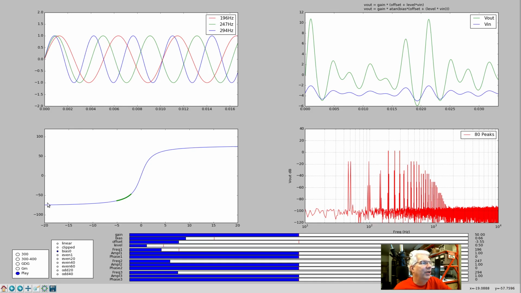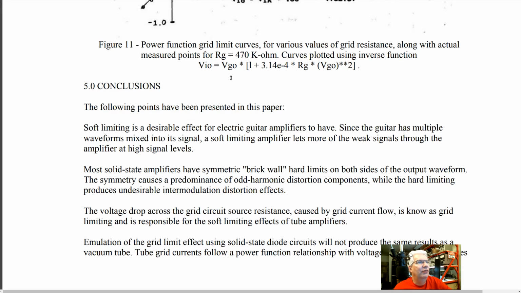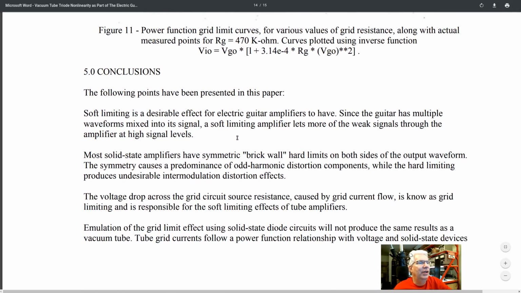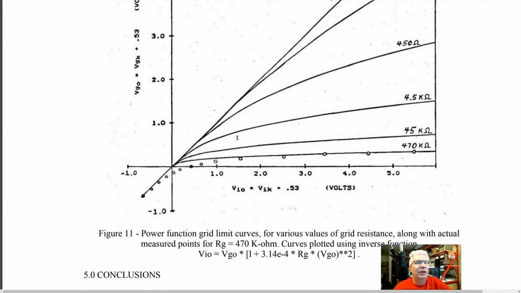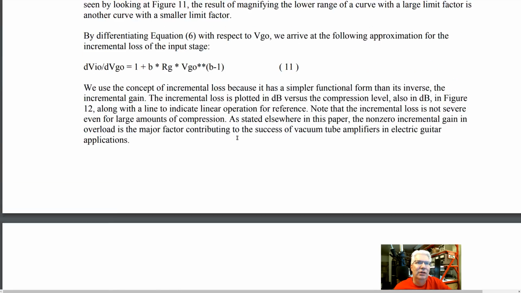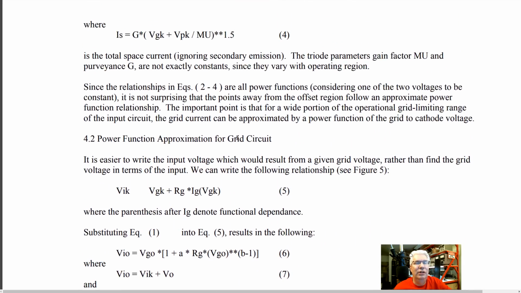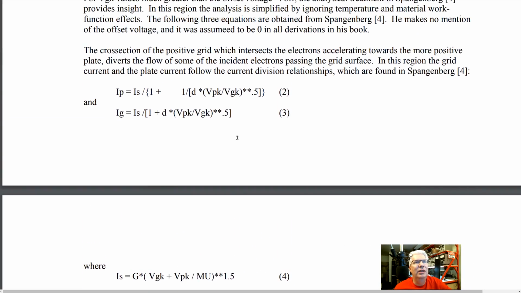I'm going to show you one more thing here. We're going to go back to our 300 and 400 waveform. And over here on the red paper, he goes through and he talks about why you get second harmonics with a tube amplifier and not the third, and primarily the second.